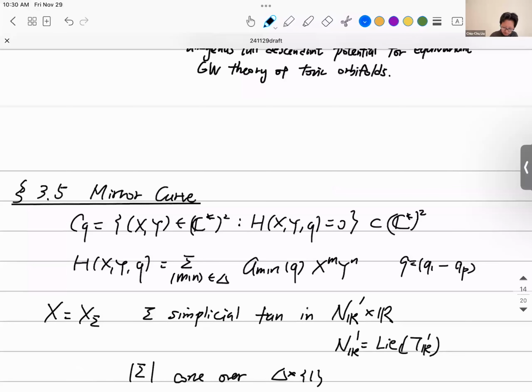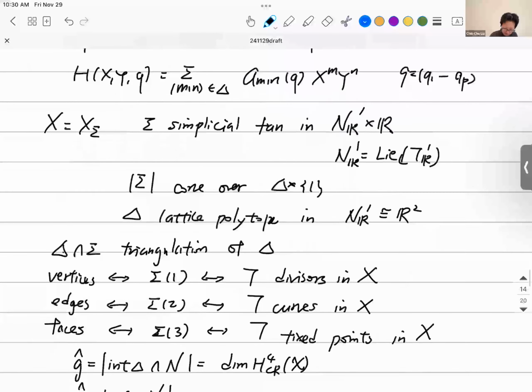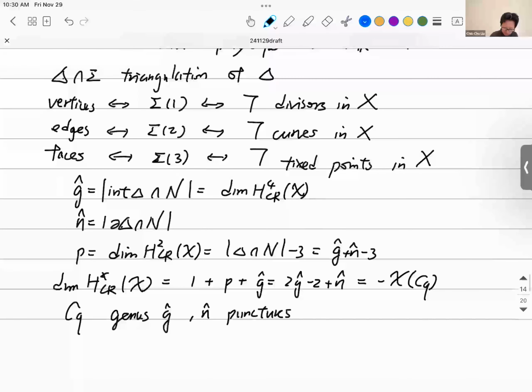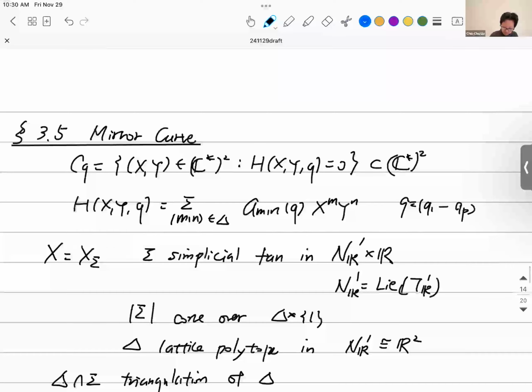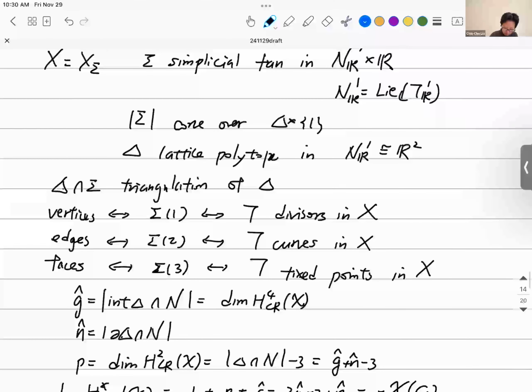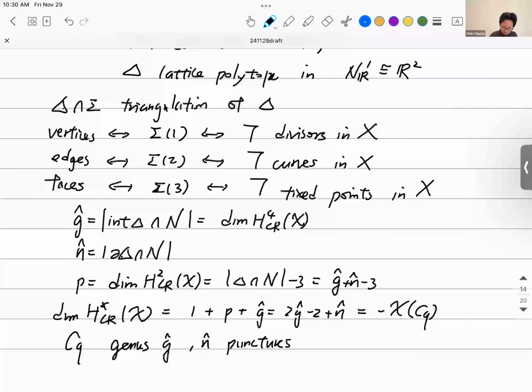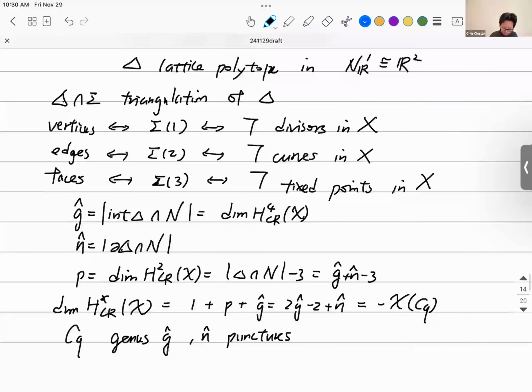And also you can reparameterize your torus. So roughly speaking, that's why the complex moduli should be the number of terms, G hat plus n hat, minus 3.